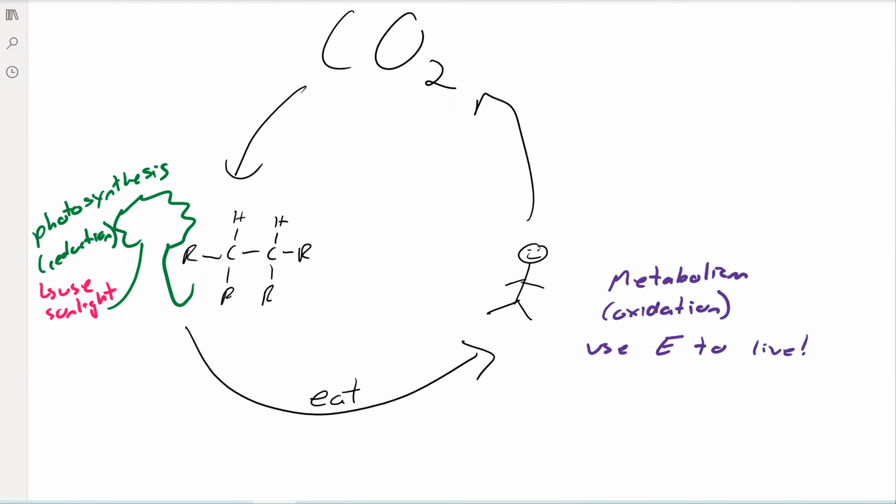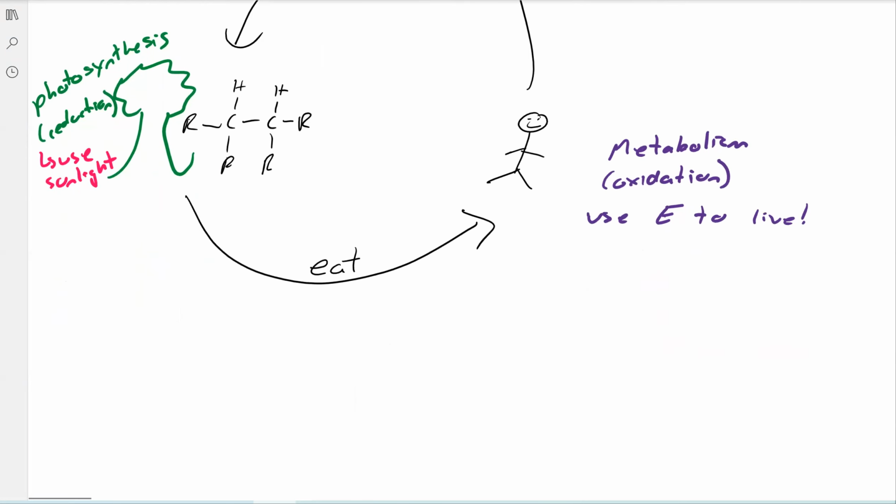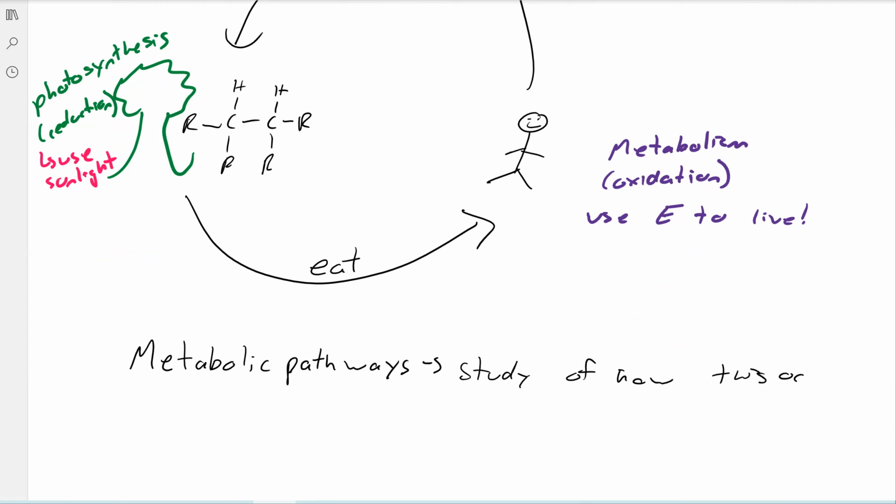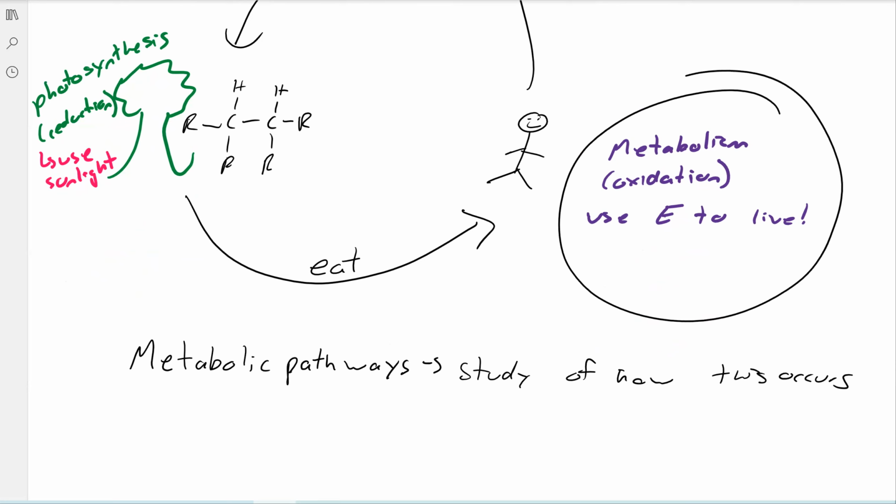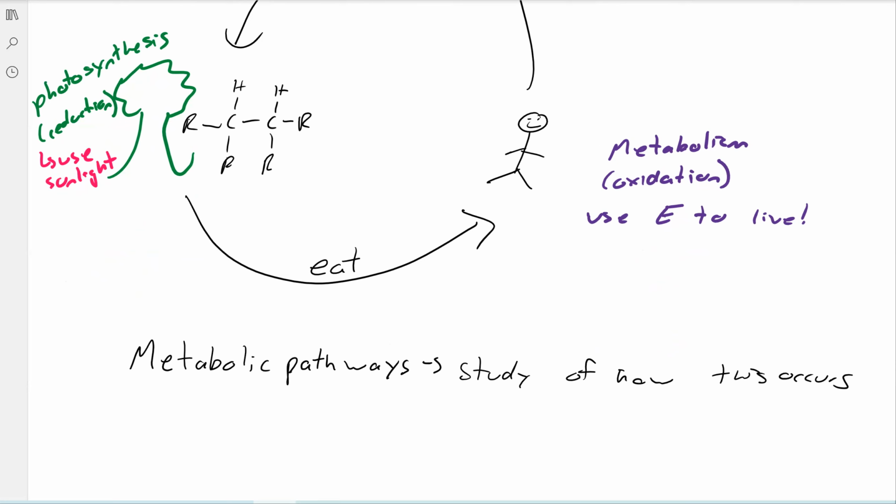And then, of course, we breathe out carbon dioxide, and then the cycle continues and continues. And so a big goal of biochemistry is to learn about these metabolic pathways. Right, so that's the study of how this occurs. How do we take in these nutrients, metabolize them, and then use them for energy or other nutrients that we need?